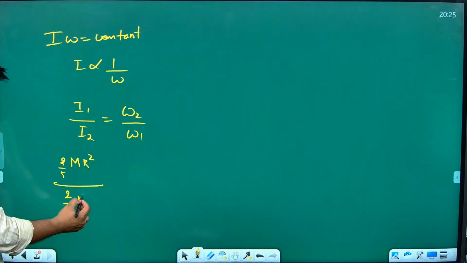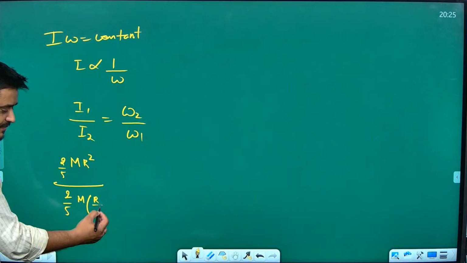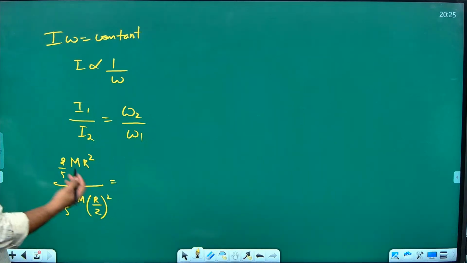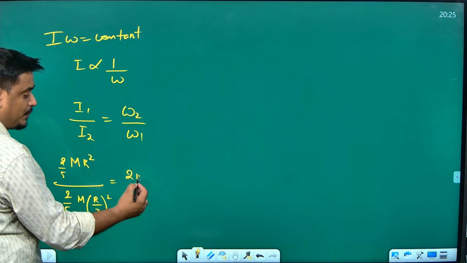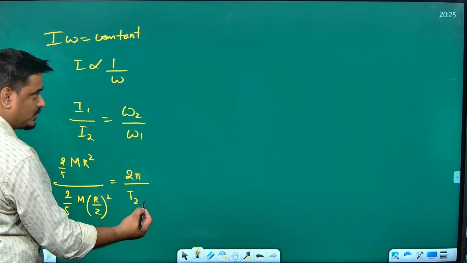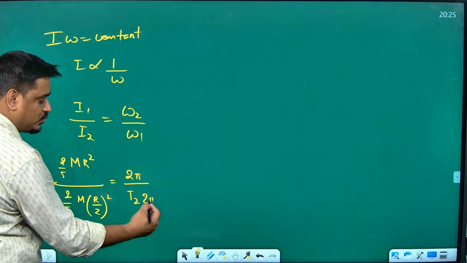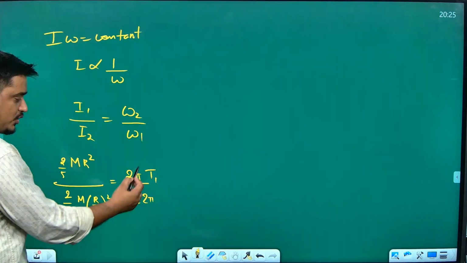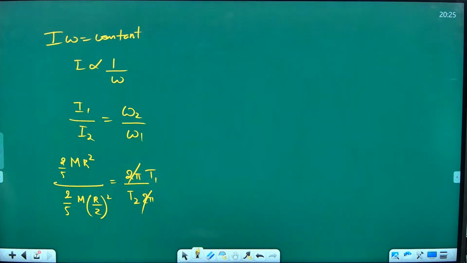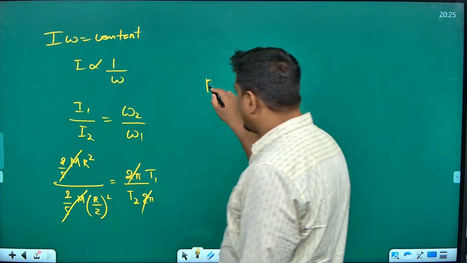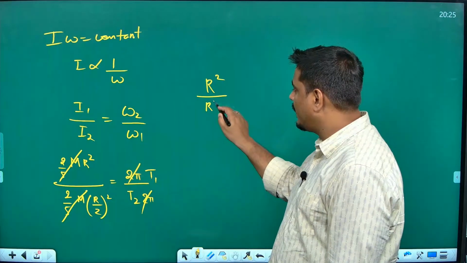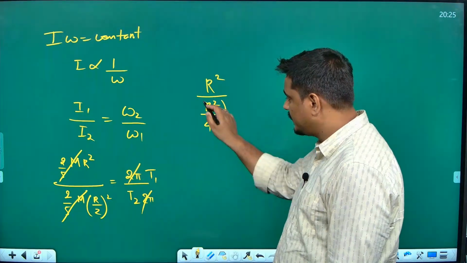2 by 5 M, R became R by 2, right? Is equal to, what is omega? 2 pi by T. So 2 pi by T2, and what is omega 1? 2 pi by T1. 2 pi gets cancelled. Here 2 by 5 gets cancelled. I am going to get R square by 4, isn't it?